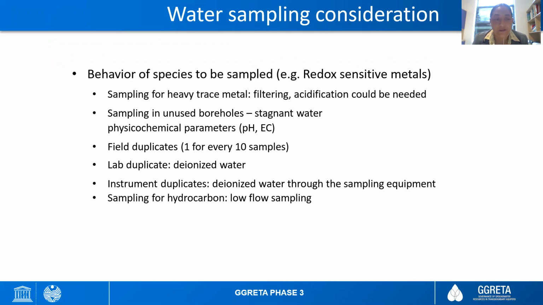Also, in the laboratory, instrument duplicates are important. When you are sampling for hydrocarbons, for example, you would need to use low flow sampling. In fact, if it's heavy and light non-aqueous phase liquids, you would use different sampling techniques.